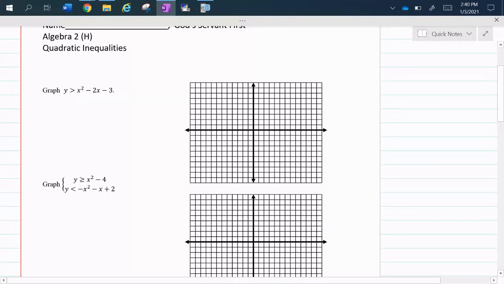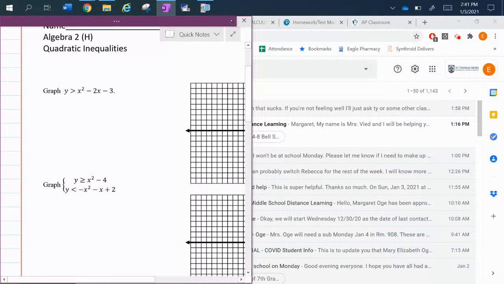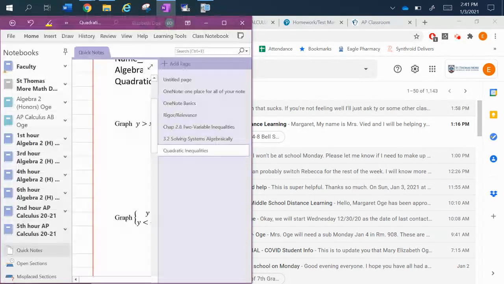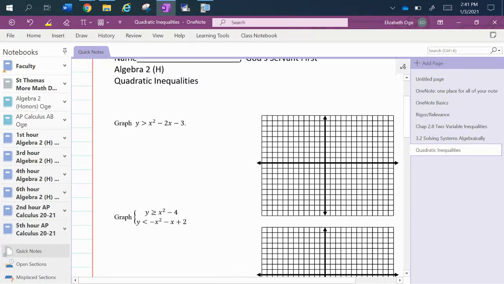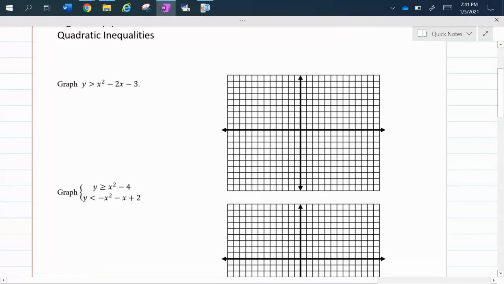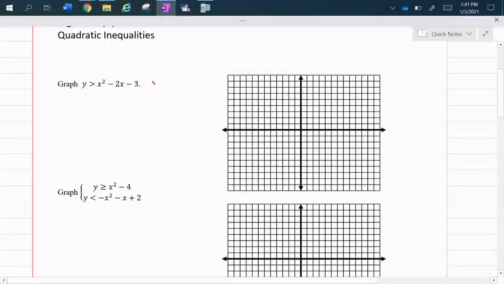So I know that I can get my vertex by x equals negative b over 2a. So 2 divided by 2 times 1 is 1.